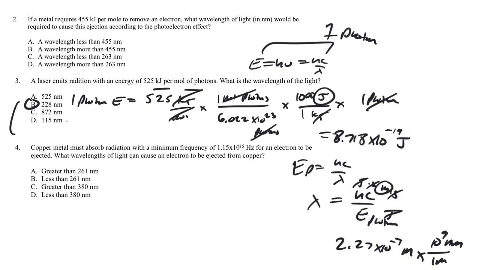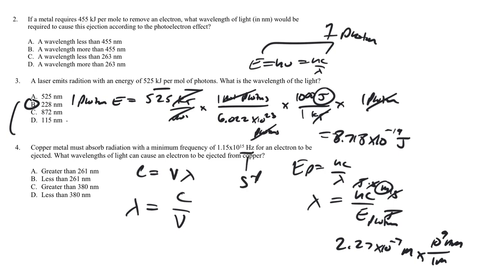And so when we see a question like 4, copper metal must absorb radiation with a minimum frequency of 1.15 times 10 to the 15 hertz in order for an electron to be ejected, that's relating to its ionization energy. Then what wavelengths of light can cause this electron to be ejected? This is a frequency, a nu value, so c equals lambda times nu. We can solve for lambda by taking the speed of light divided by the frequency. This is just an inverse second.